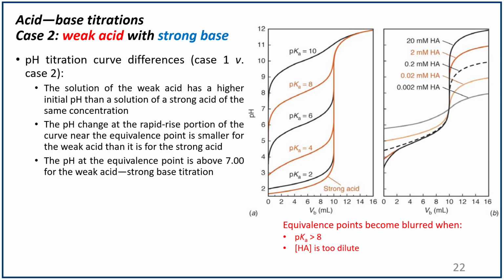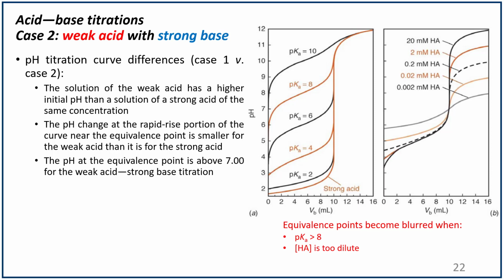Now it has been observed that this equivalence point becomes more and more blurred, meaning this sharp change in pH becomes less and less pronounced as the pKa value of the weak acid or the acid in general increases.